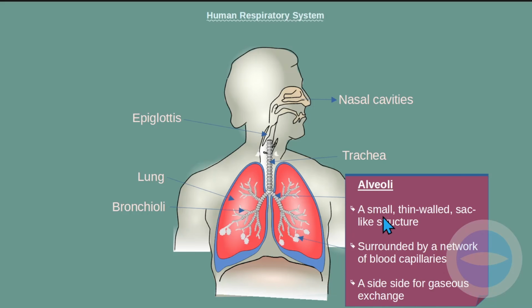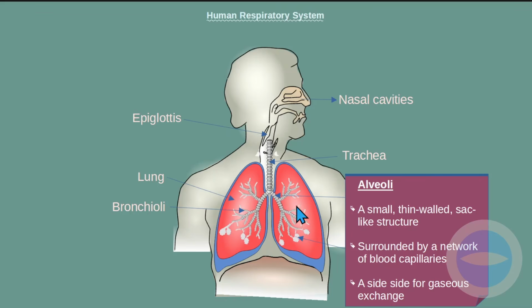This is the alveolus, and it's very thin. You must remember the requirements for gaseous exchange. It must be a very thin-walled sac-like structure. So this is one of the requirements. And then each lung contains a large number of alveoli.